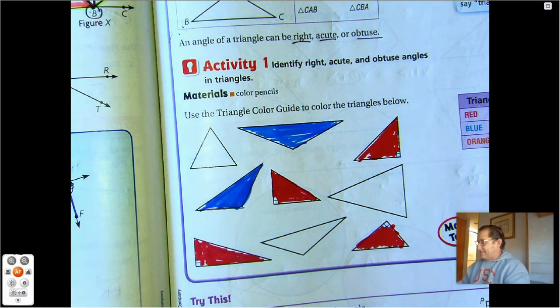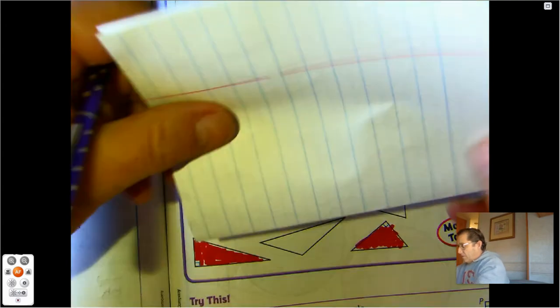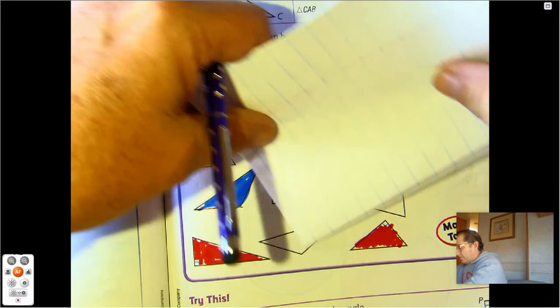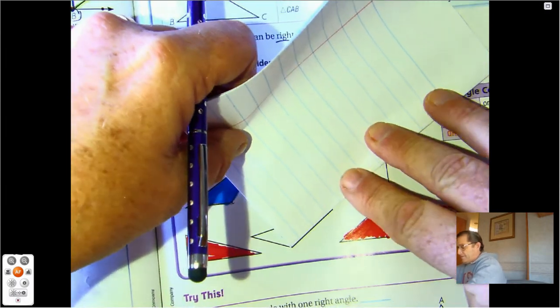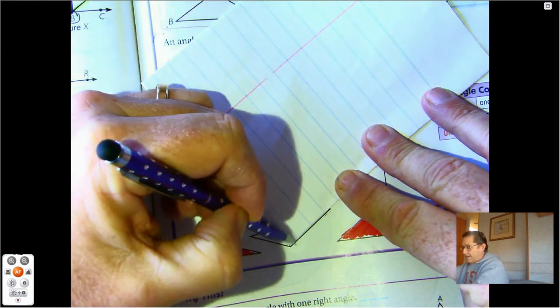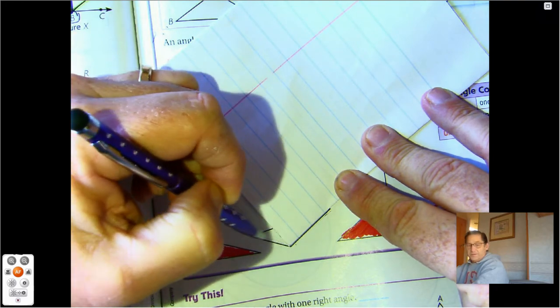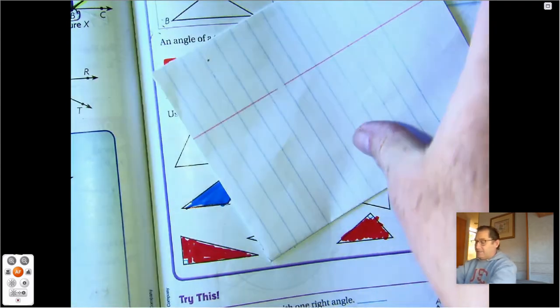Okay, then I think this one right here is also an obtuse triangle. So I'm thinking this angle here is obtuse. So let's put the corner of my paper there. Okay, so I'm lining up with this ray here, and this ray is definitely off the edge of the paper, so that is an obtuse angle.